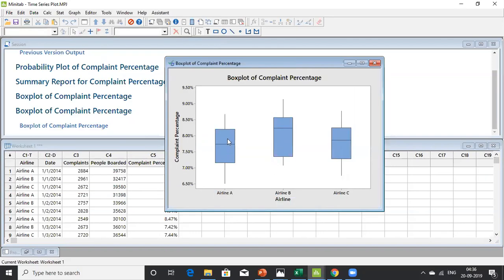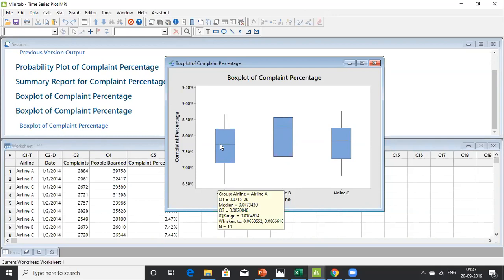Now, what this particular box plot does is, it takes each variable, for example airline A, and plots it against a distribution. Now, you don't see a distribution here. If I draw it from this point to this point, that's the distribution, so the total variation is from this end to this end.